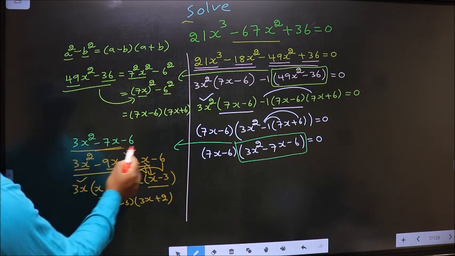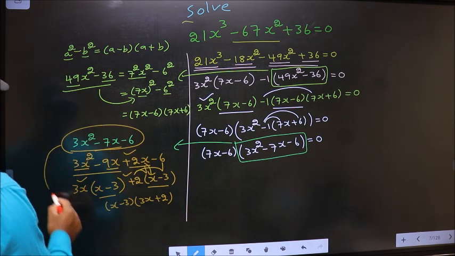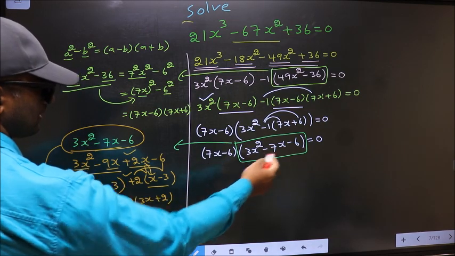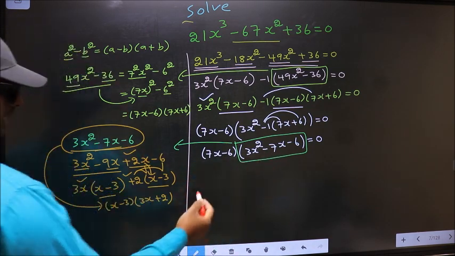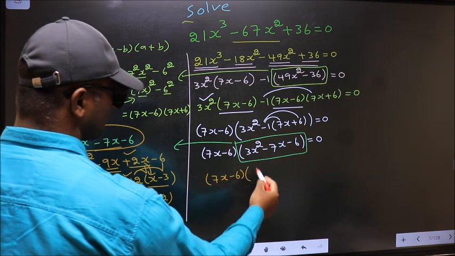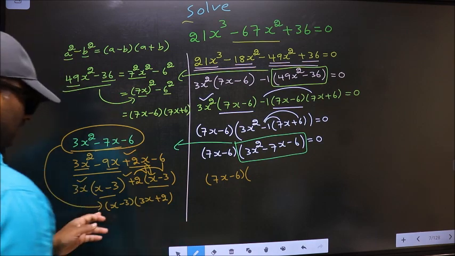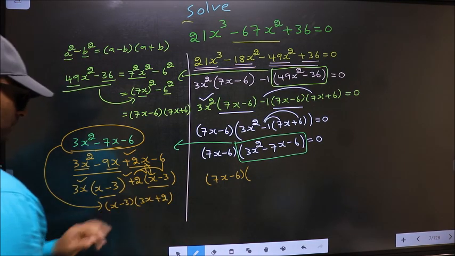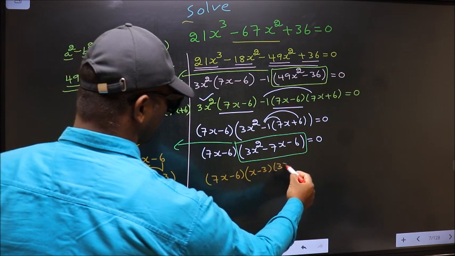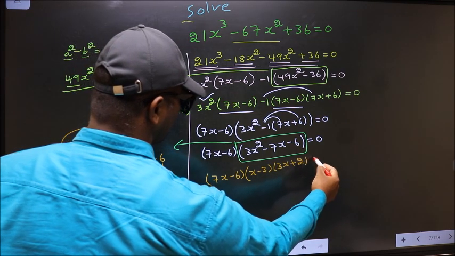Now in place of this quadratic, we should write this over here. So this equation will become 7x minus 6, in place of this one, x minus 3, 3x plus 2 equal to 0.